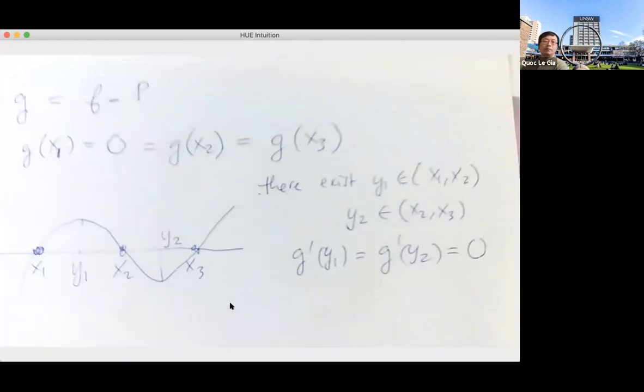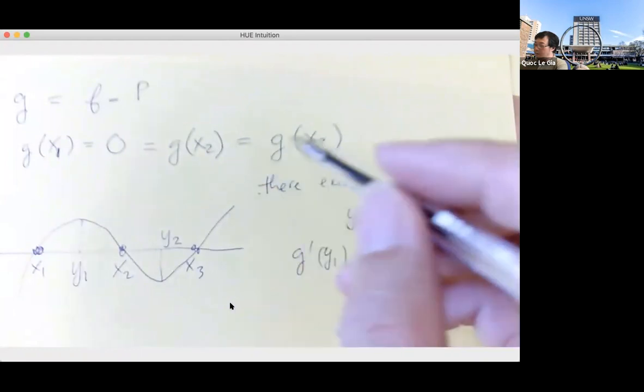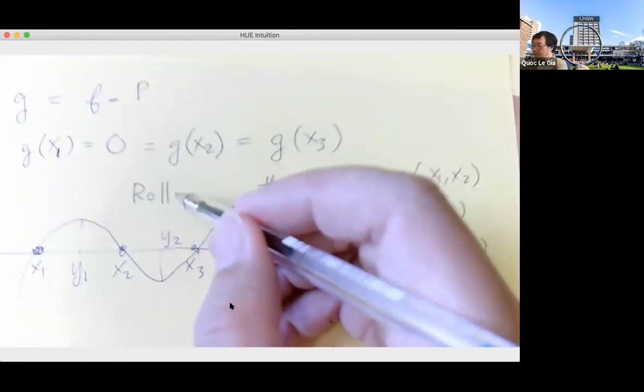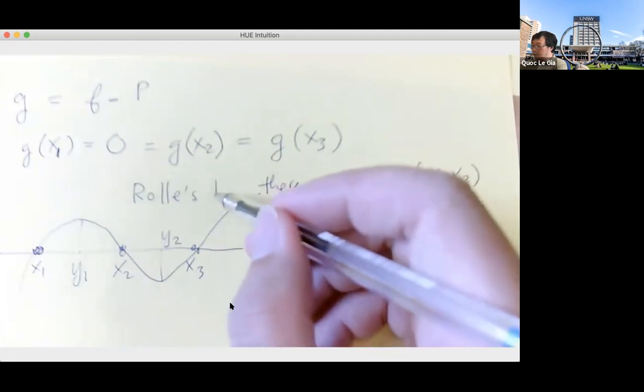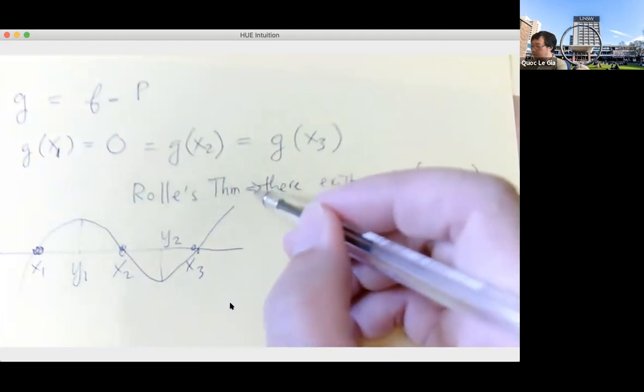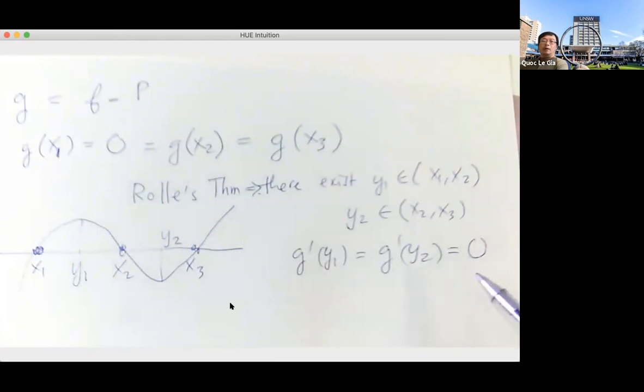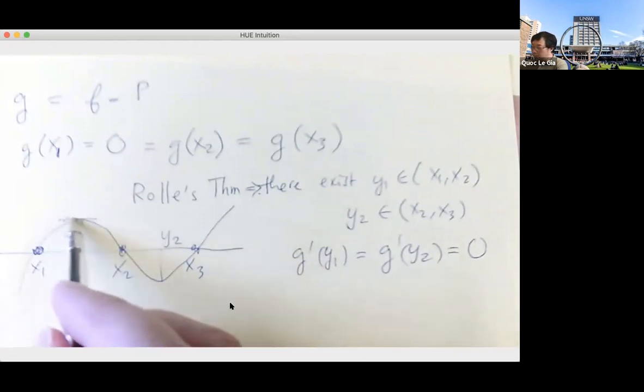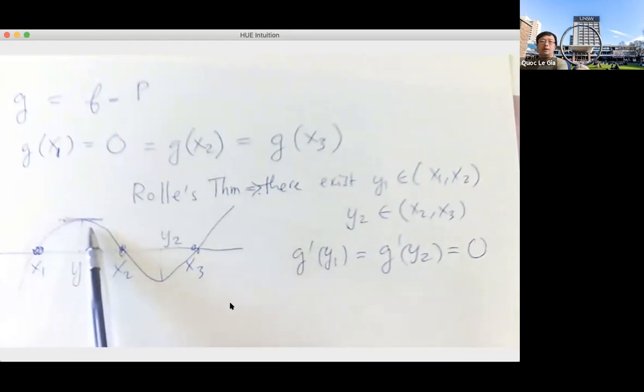You know this theorem. It's called Rolle's theorem, by a French mathematician. It is just a consequence of the mean value theorem applied to g. If g equals 0 at the two ends, then there is a point in the middle so that the slope there equals 0.